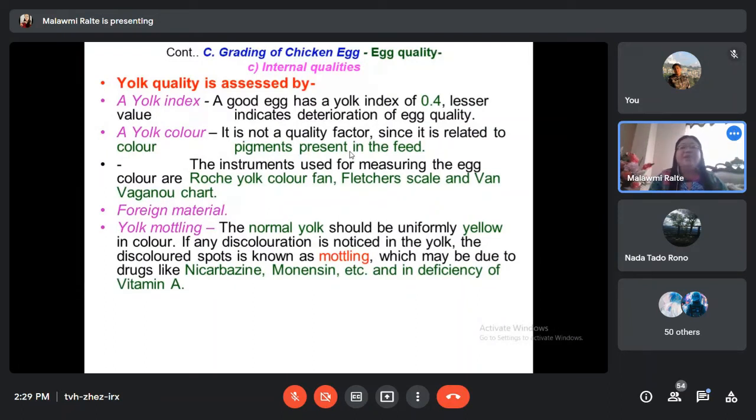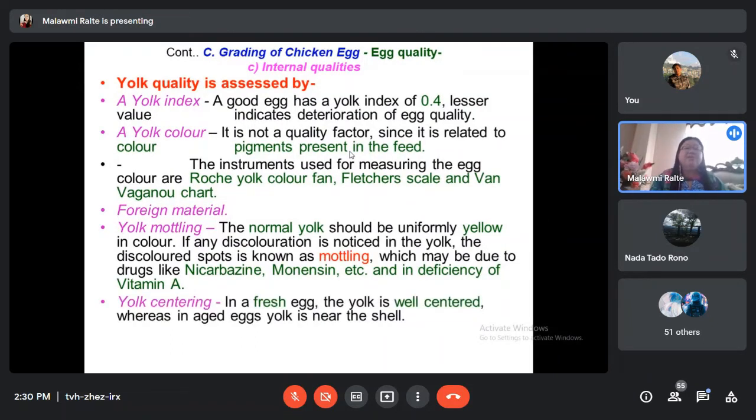Which may be due to drugs like nicarbazine, monensin, or maybe due to deficiency of vitamin A. Okay, so we should not confuse it with rotting. That will come under the bacteriological quality of the egg. So when there is any discoloration noticed in the yolk due to discolored spots, which may be due to some drugs or due to deficiency of vitamin A, we call that mottling.